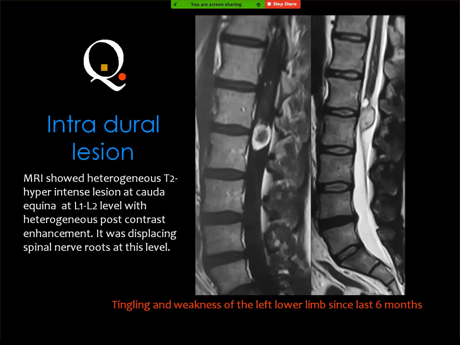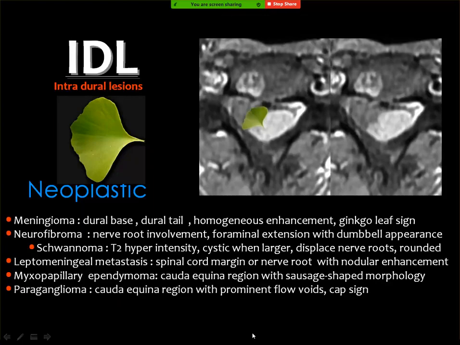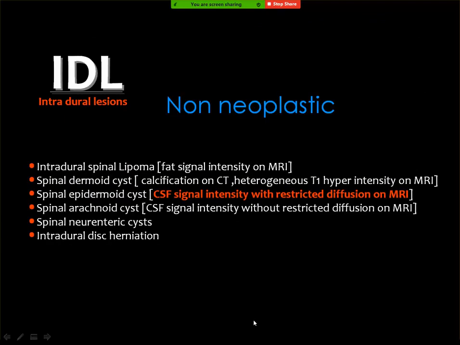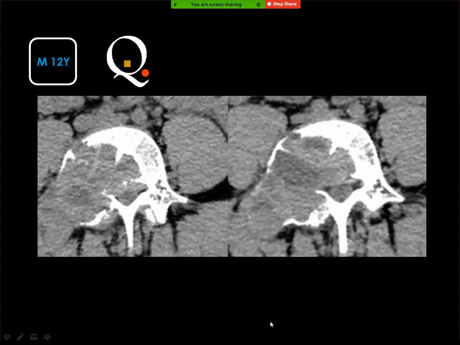If you have the diffusion weighted image and you see diffusion restriction, then the diagnosis will be epidermoid cyst. I hope you remember this fact, which is very important nowadays because of the frequency of the epidermoid cyst inside the dura.